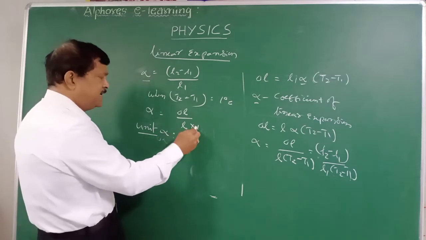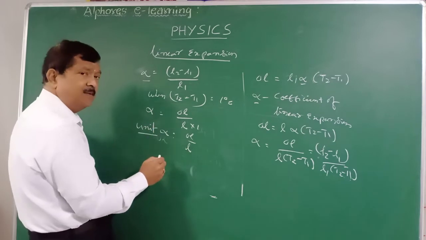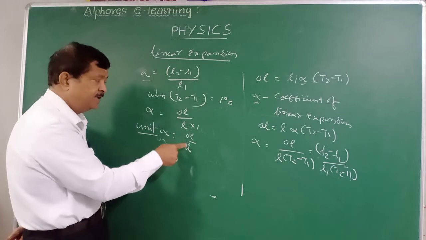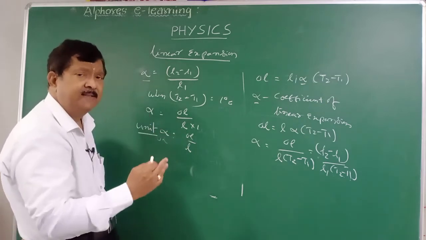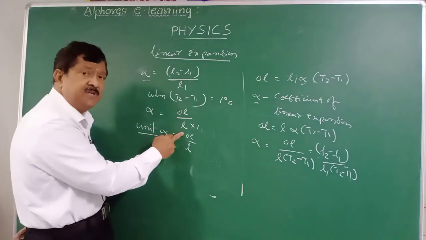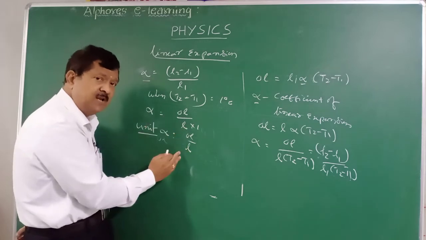Here we said change in temperature is already 1 and delta L by L is the value of alpha. Here L is length and delta L is the change in the length. But we know length and change in length are measured in the same units. If L is in meter, delta L, change in the length, is also in meter. If L is in centimeter, change in length is also in centimeter.